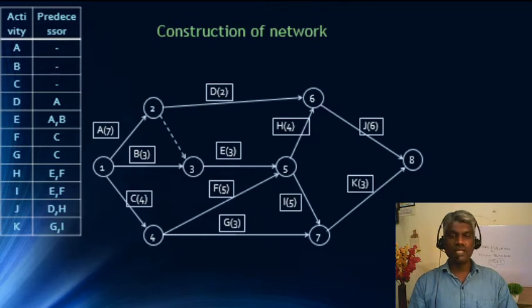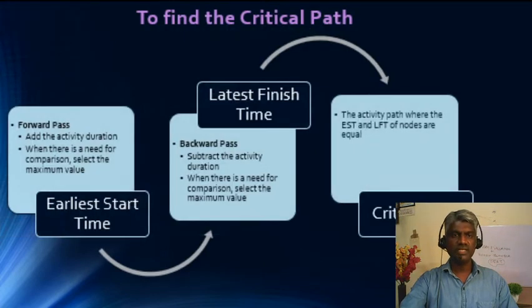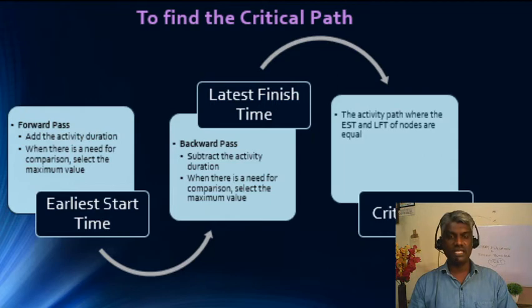We need to calculate the earliest start time and latest finish time of each activity in the nodes. So, for earliest start time, we have a forward pass and a backward pass. When we are going to find the earliest start time, we have to move forward from the starting node to the ending node of the project.